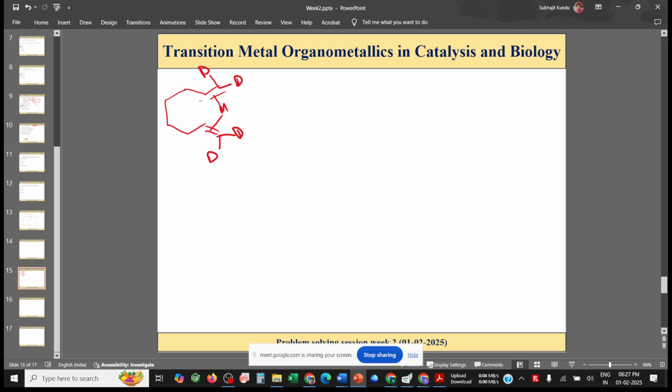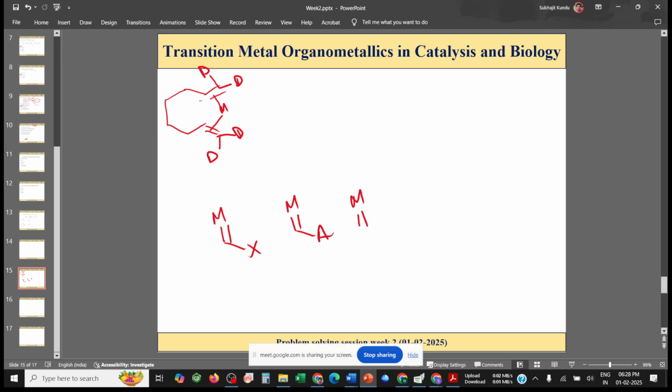So different reactive species will be generated: M double bond A, M double bond B, M double bond C, M double bond D. That's why this reaction is also named a chain reaction.